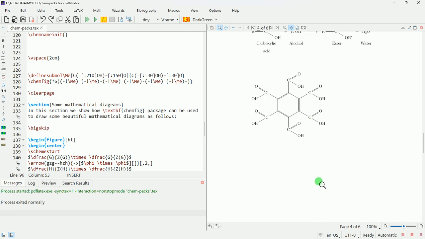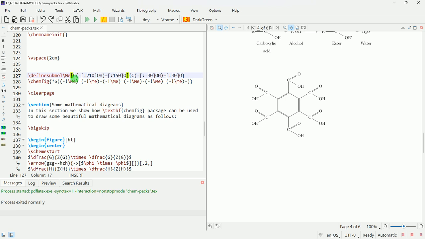Now how is this complicated diagram written? You can actually see here that this particular molecule is common in every corner, every vertex. On the left side also the same molecule is there, but the design is different. So there is a defined submolecule command.